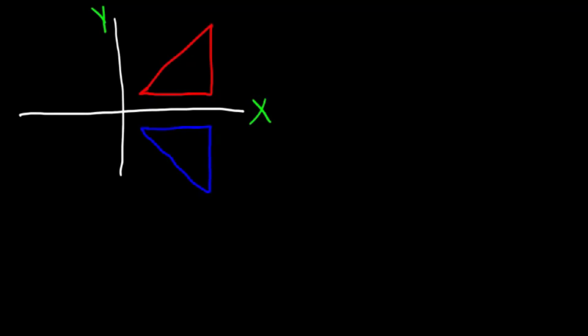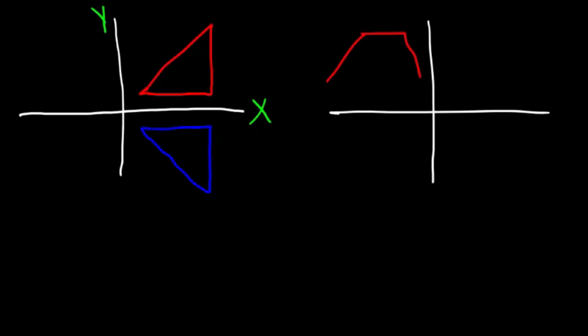Let me give you another example. Let's say we have a trapezoid in quadrant 2 and we wish to reflect it over the x-axis. All you have to do is move the trapezoid to quadrant 3, and then flip it.